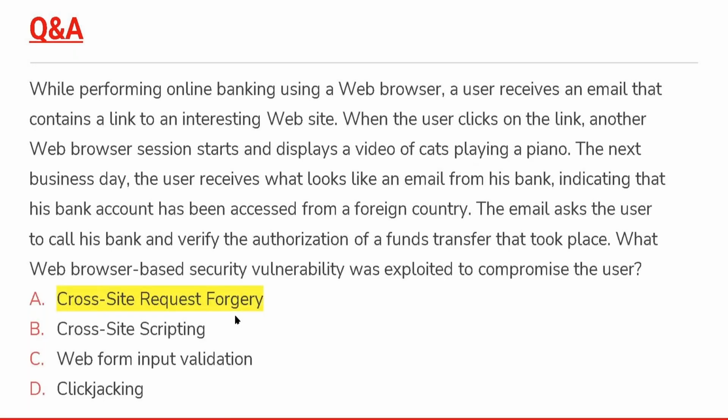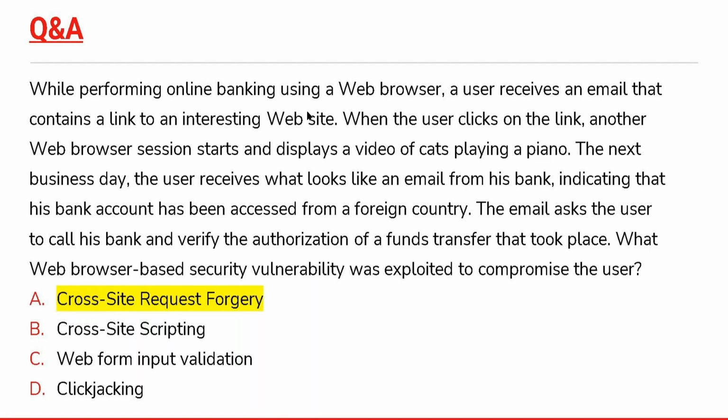Okay, so when we are talking about this question, it says that at the time of performing online banking using the web browser, a user receives a mail containing a link to an interesting website. When the user clicks on that link, another browser session starts and shows a video of a cat playing a piano.